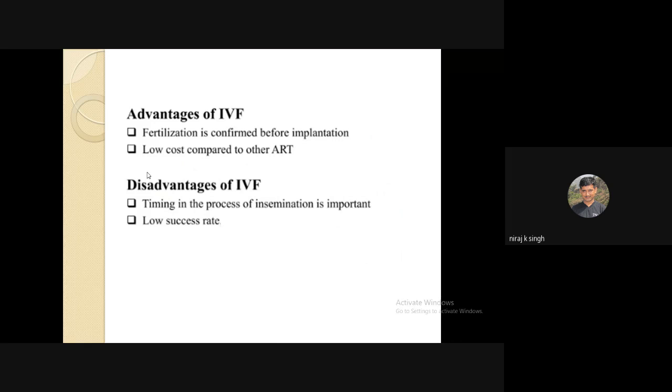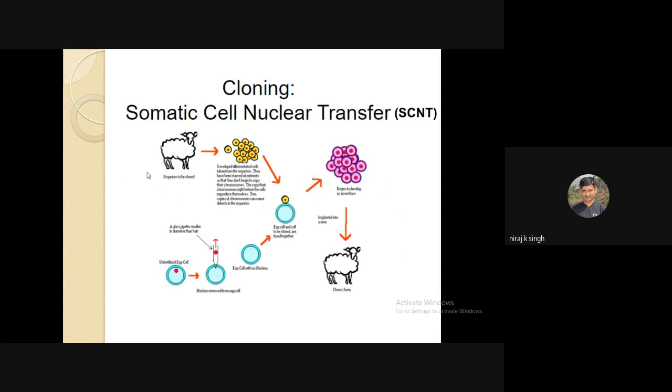So these are the advantages and disadvantages of OPU IVF techniques. Now SCNT, somatic cell nuclear transfer. I think all of you know cloning. The first cloning was developed in Dolly. Everyone knows, I think. But who was Dolly? Dolly was the first cloned sheep, in 1997.